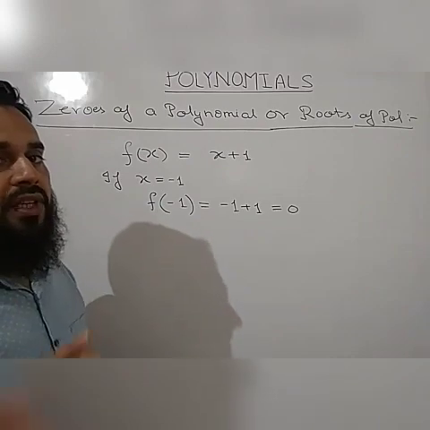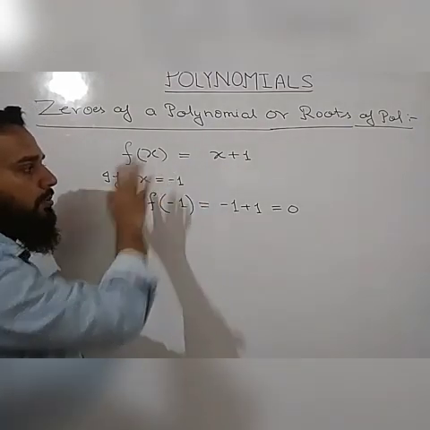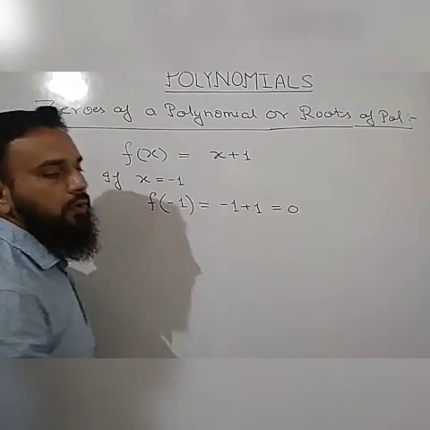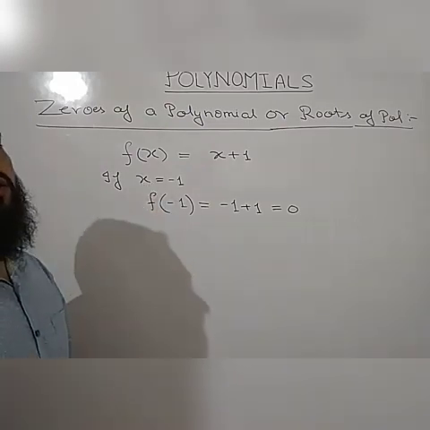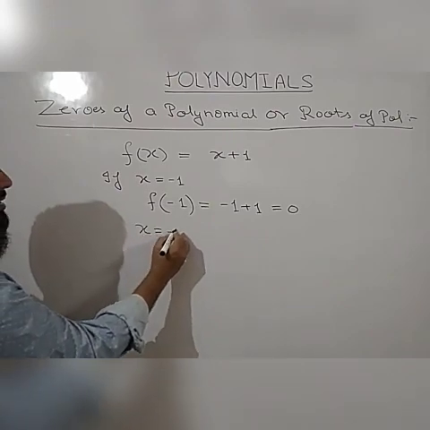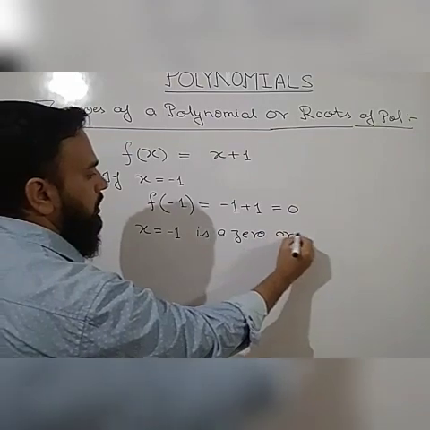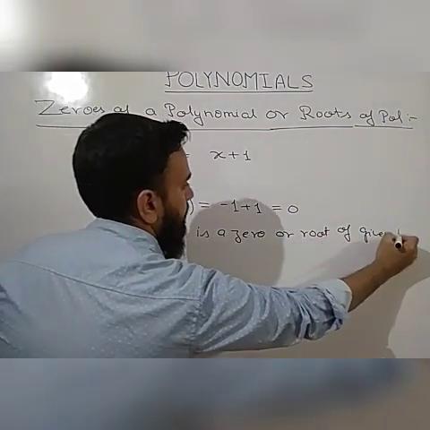The value of the variable which on putting in a given polynomial makes the value of the polynomial equal to 0, then that value of the variable is known as zero of the polynomial. It means here x = -1 is a zero or root of the given polynomial.